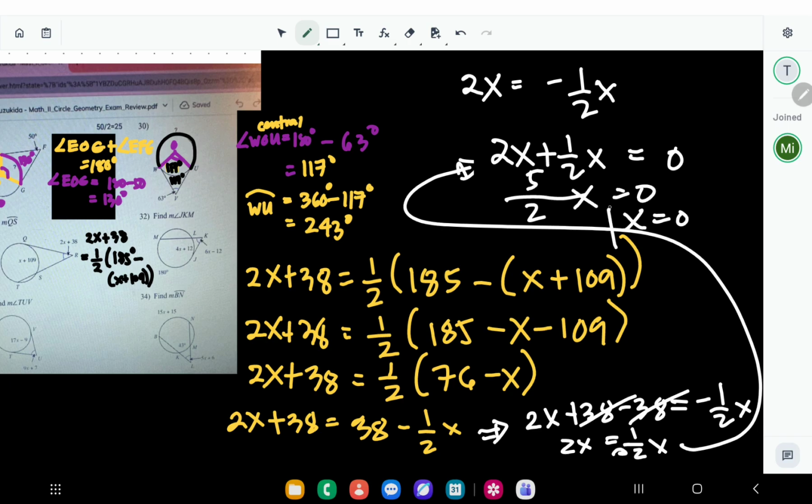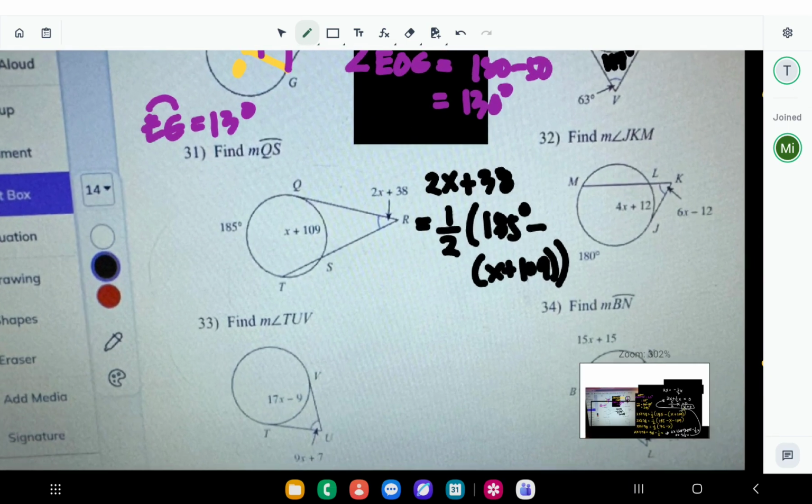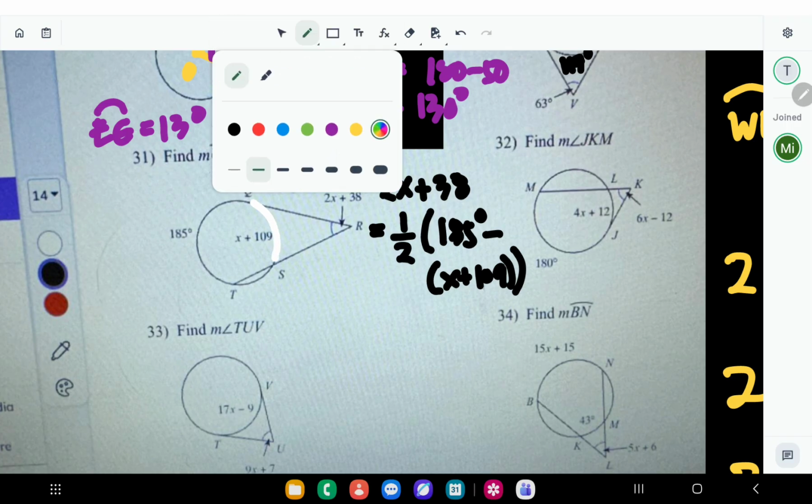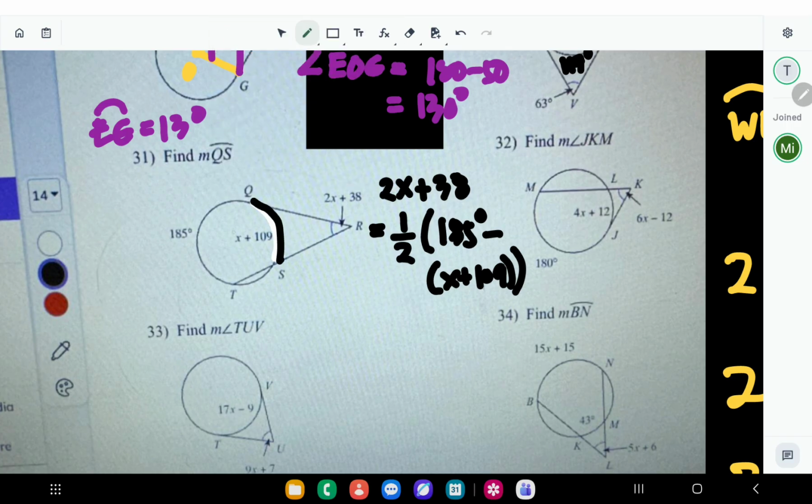X is equal to 0. So x is 0. The question is find the measure of this one. QS, this one. QS, when x is 0, so that means this is 0 plus 109. So QS is 109 degrees.